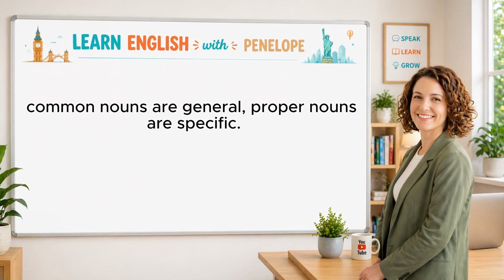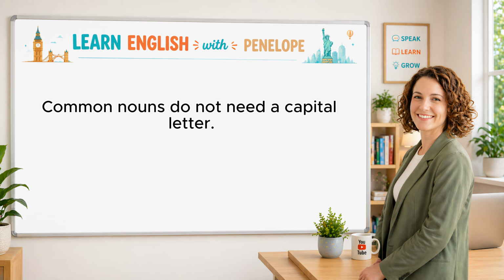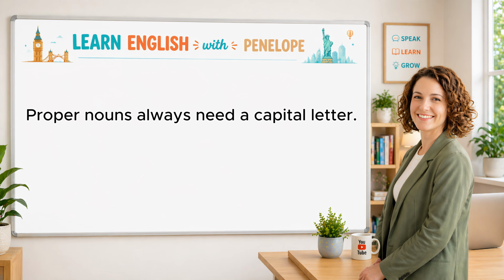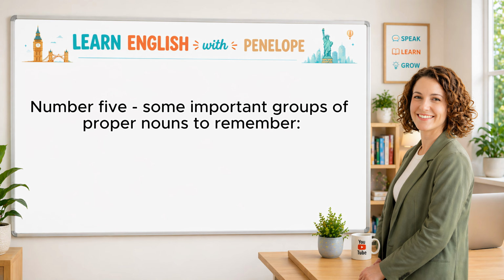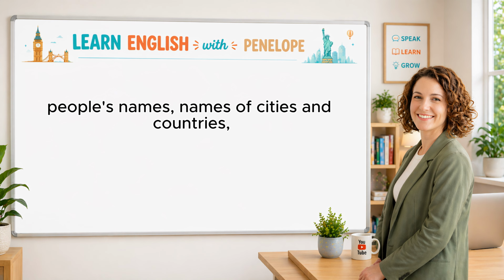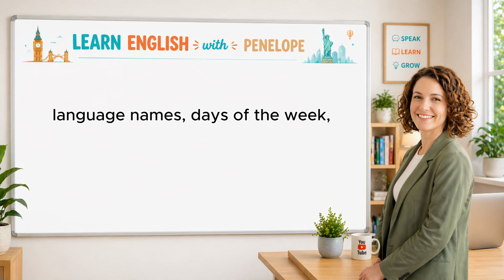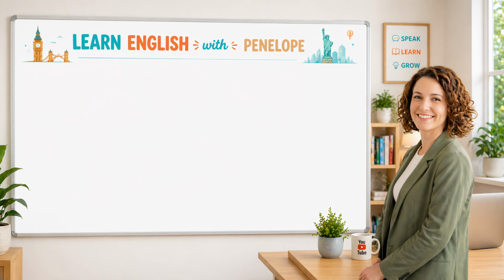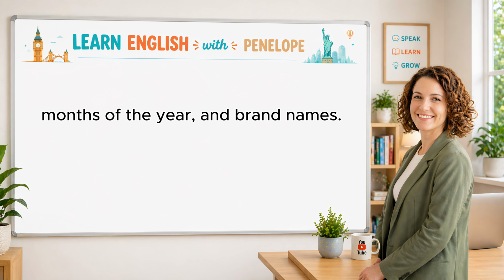Common nouns are general, proper nouns are specific. Common nouns do not need a capital letter. Proper nouns always need a capital letter. Number 5. Some important groups of proper nouns to remember. People's names, names of cities and countries, names of rivers and mountains, language names, days of the week, months of the year, and brand names.